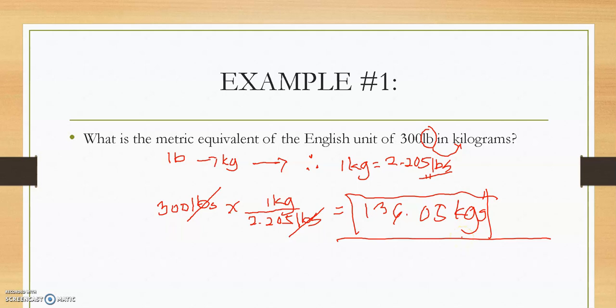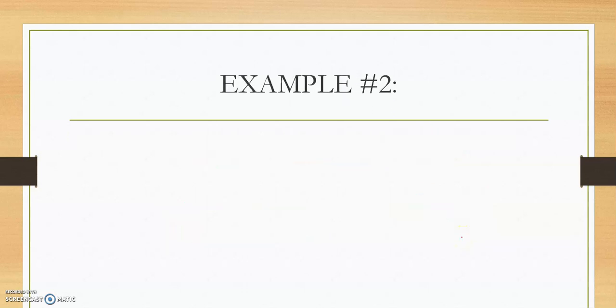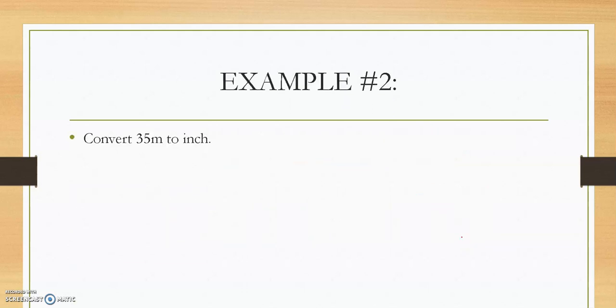Okay, next. Convert 35 meters to inches. How do we do that? This is a unit of distance or length, so we will pass through a lot of units here. So how to do that? Remember, meter.